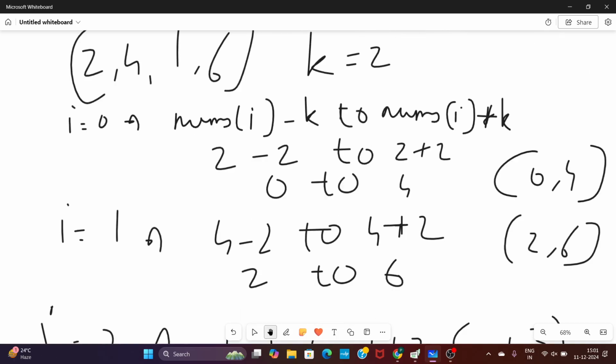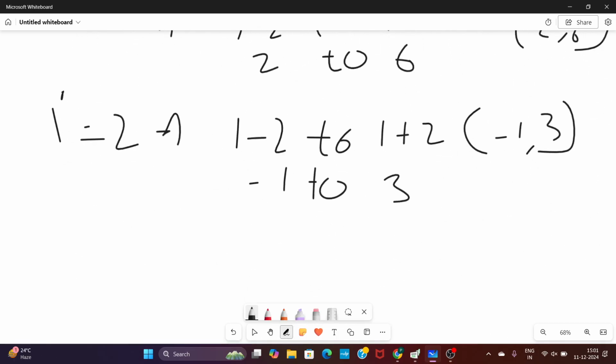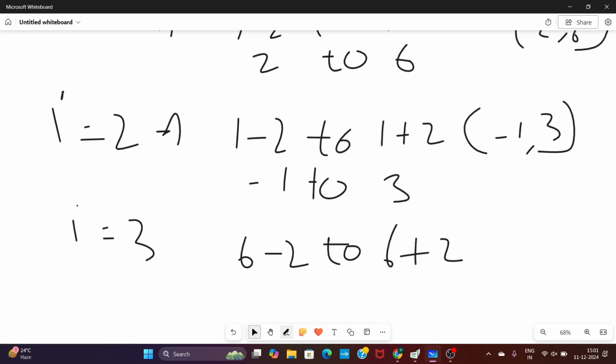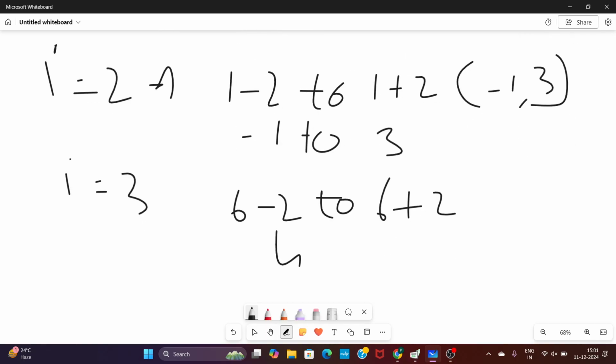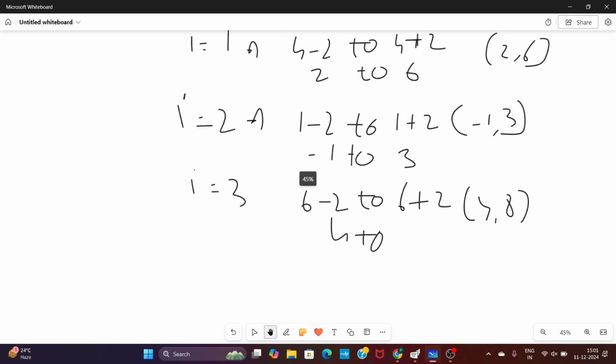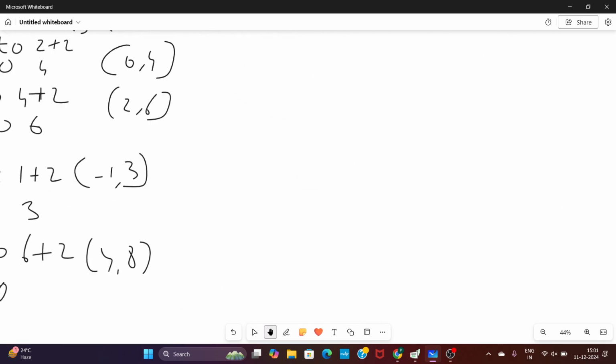And then i equals 3, nums of i is 6. 6 minus 2 to 6 plus 2 is 4 to 8. So we have got 4 ranges in this case.